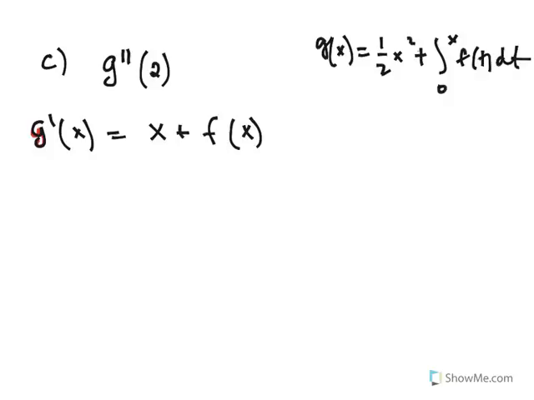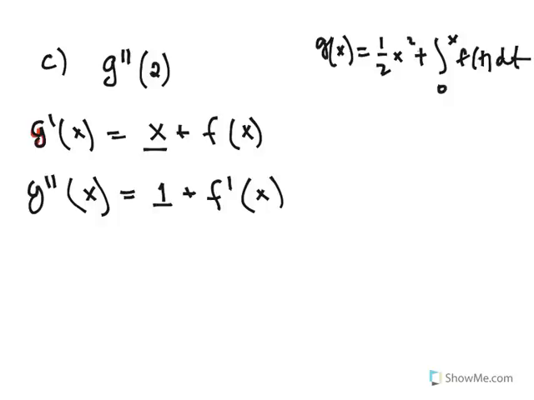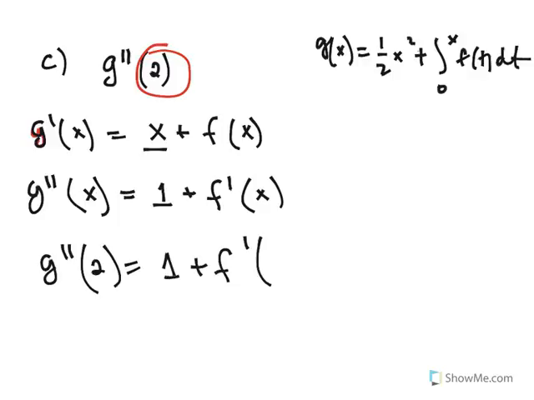That's what we got in part B. But it says find the second derivative. All right, not a problem. So g double prime of x equals the derivative of x, which is just 1, plus f prime of x. Now they want you to find g double prime of 2. So let's plug in 2. So g double prime of 2 equals 1 plus f prime of 2.